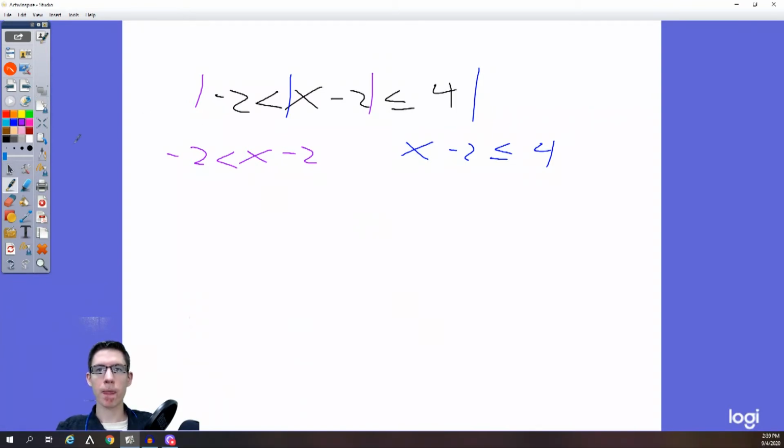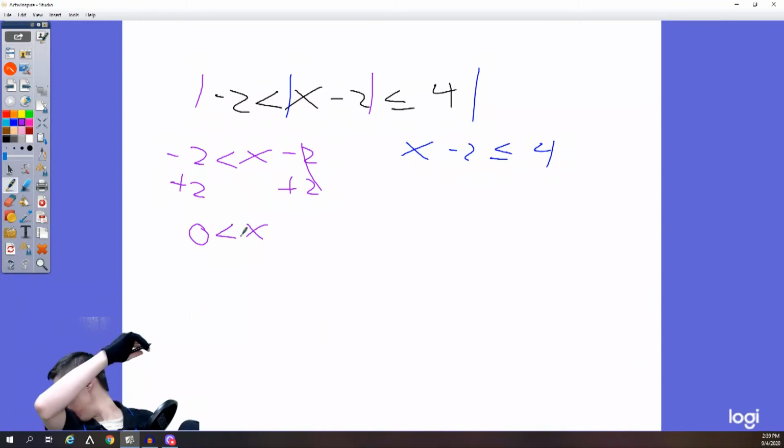In the purple, I would add 2 and add 2. Cancels there. And actually, cancels here too, doesn't it? That becomes 0 less than x. And in the blue, I'll add 2 and I'll add 2.